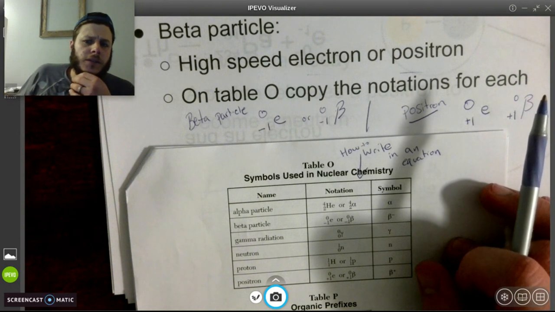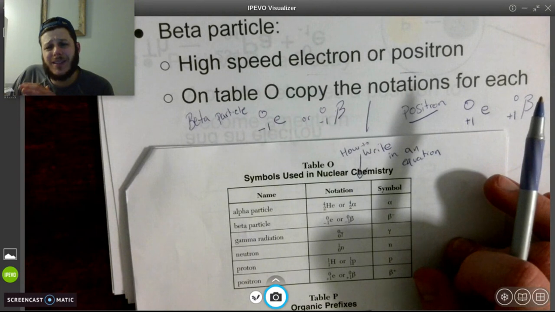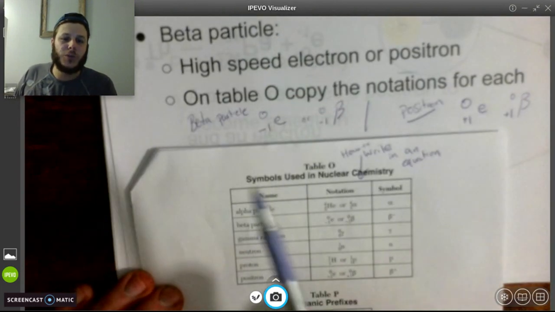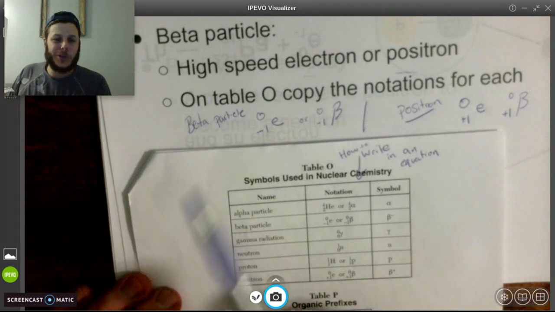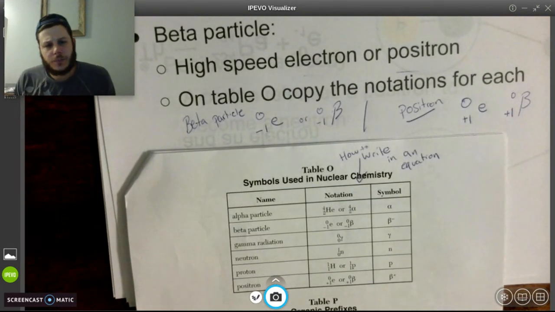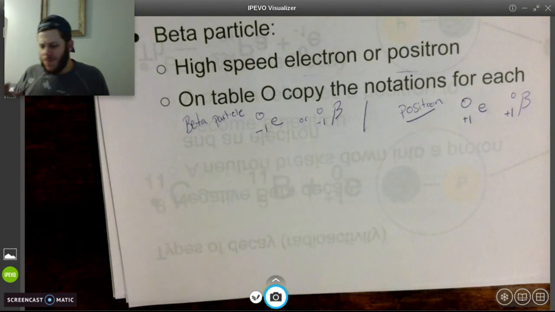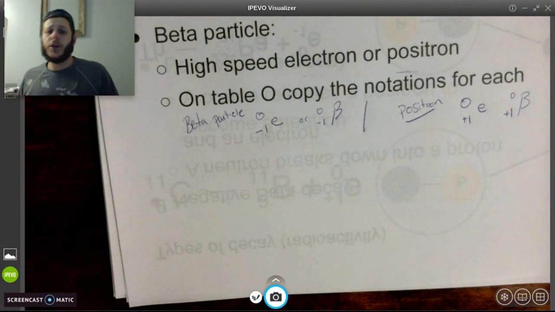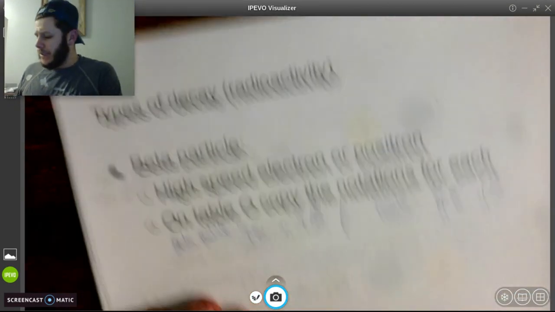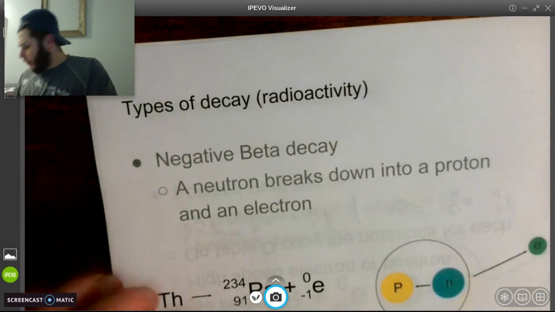The difference is positive beta and negative beta. The reference table doesn't really go into that, but I think you can tell the difference between which one's a positive beta and which one's a negative beta. Yeah, I think we'll talk more about that as we go. But generally speaking, those two types of beta particles are either positive or negative.